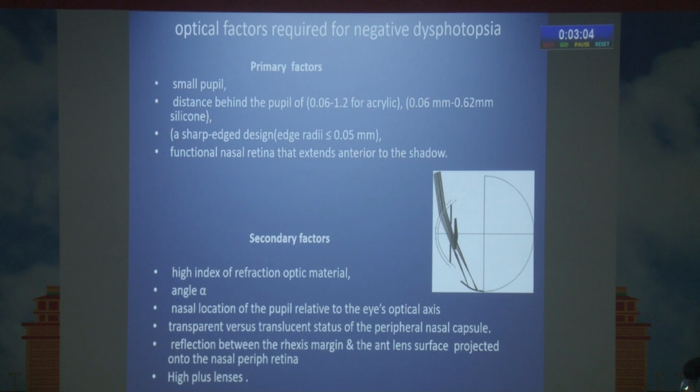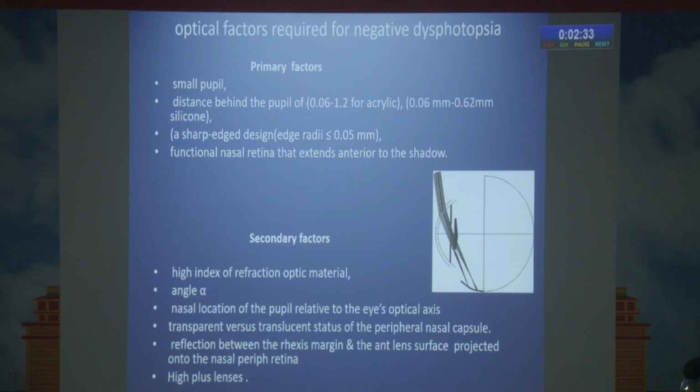Primary is if you have a small pupil, there is more distance behind the pupil, and it has been calculated. The crystalline lens is 4 millimeters, whereas the pseudophakic lens is less than 1 millimeter. So after removing the cataract and implanting an IOL, there is more distance between the iris and the IOL, and it has been calculated that if it is 0.06 to 1.2 for acrylic and 0.06 to 0.62 for silicone, this predisposes to development of dysphotopsia.